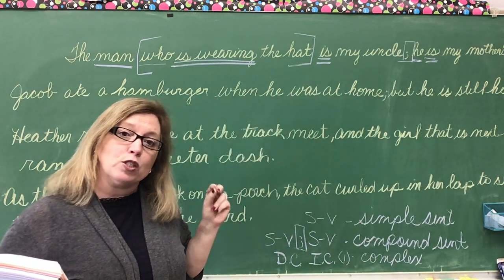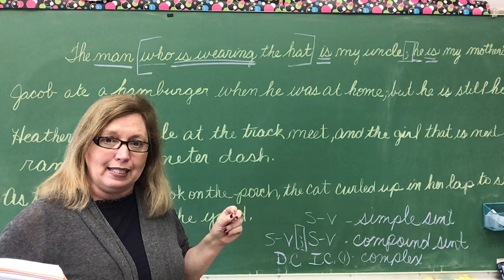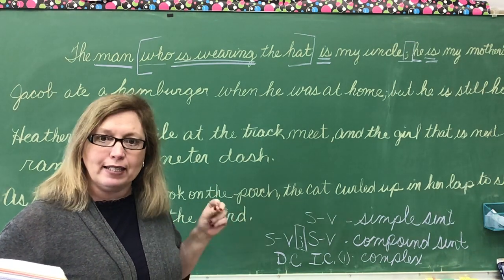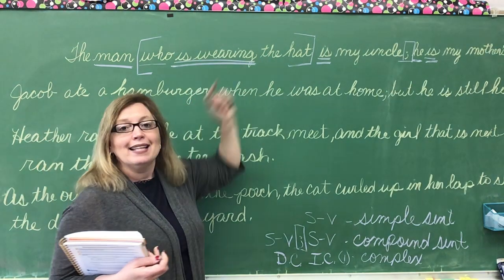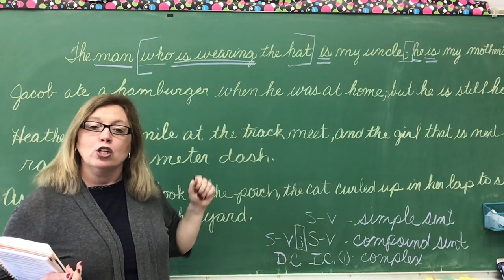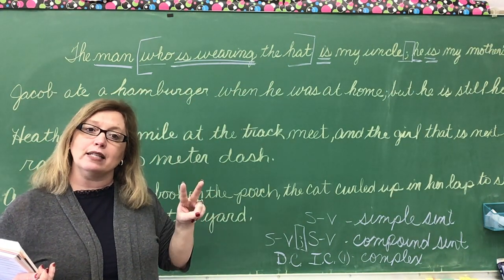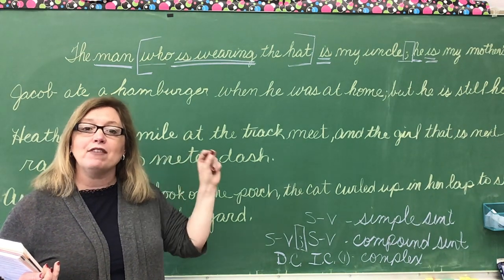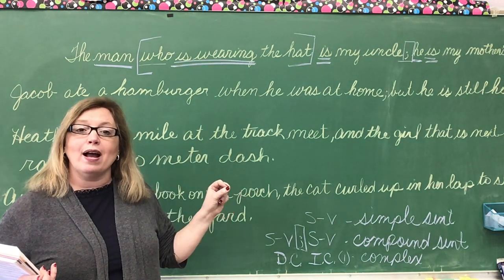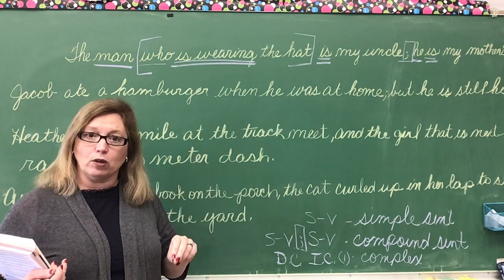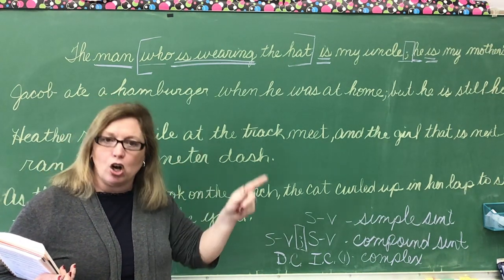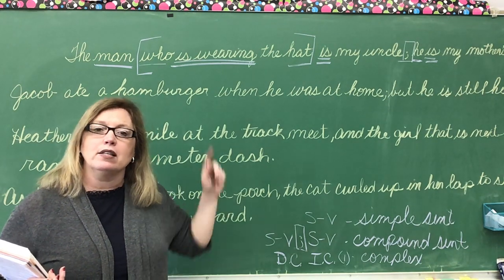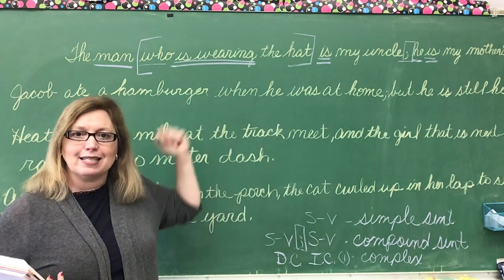Does one of these sentences have a dependent clause in it? Yes, the first one. Who is wearing the hat? That's a dependent clause. So I have a compound sentence and I have a dependent clause. So I have what we call a compound, because it's two sentences, complex, because it has a dependent clause.